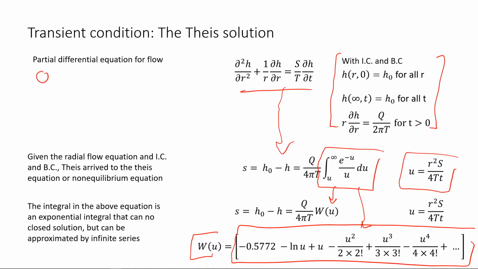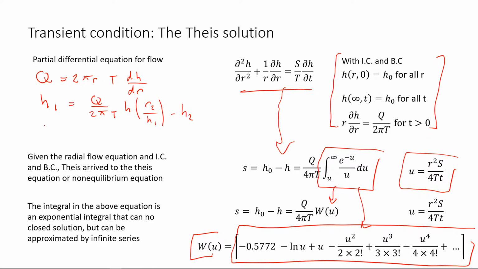Q, for example, equals, the Thiem equation, 2 pi r T delta H over delta R. When you integrated this one, you got something like H1 equals, whatever, I don't remember, Q over 2 pi T times ln of R2 over R1 minus, I think it was H2, something like this.